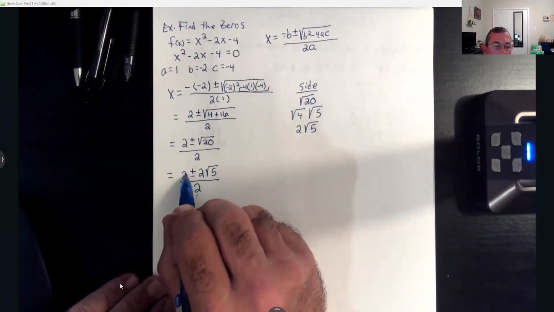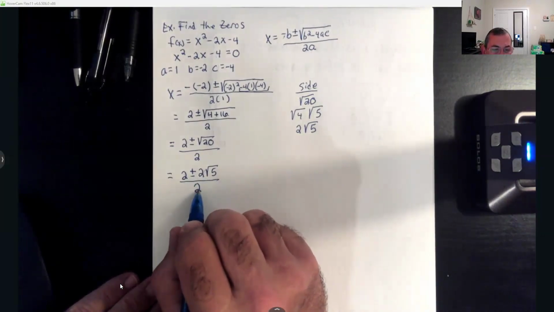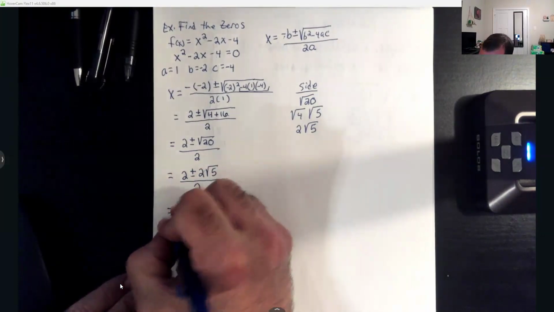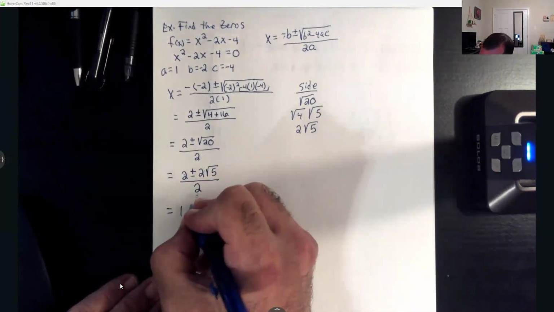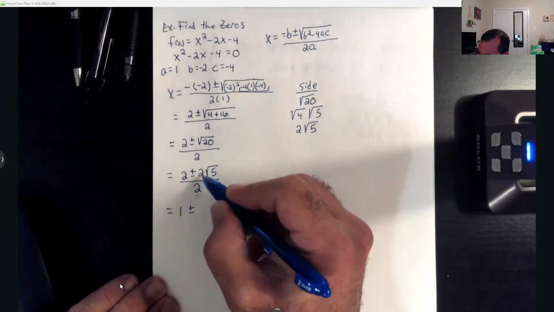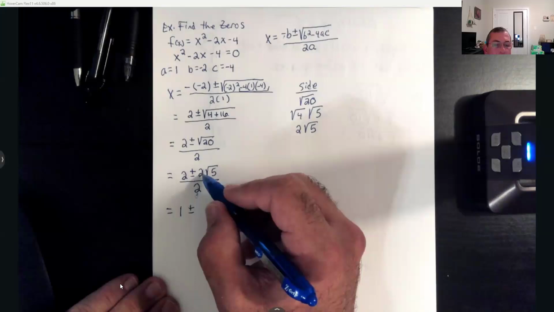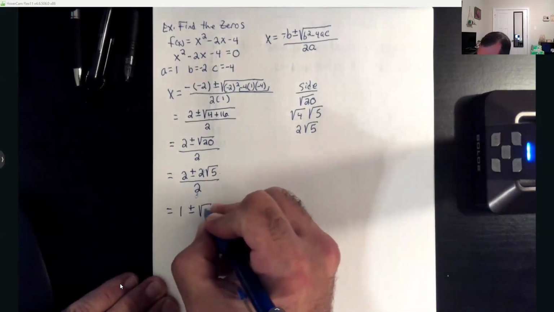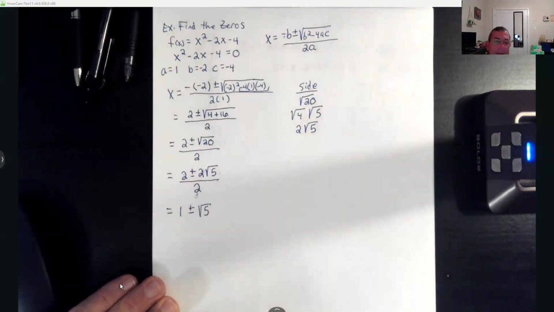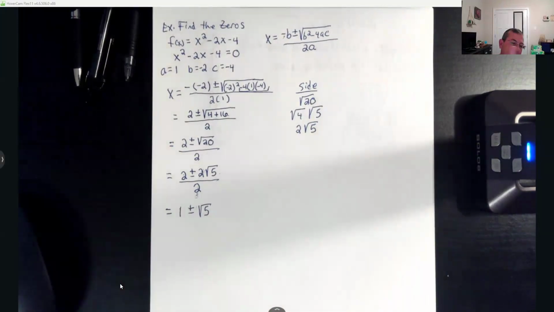Because remember, both of these on top are both affected by that 2 on the bottom. So we got 2 divided by 2, which will give me a 1 plus or minus. And then here the 2 divided by 2 cancels, making a 1. So we got 1 square root of 5, or we could write that as a square root of 5. Now remember, if there's not a number in front of that radical, we know it's a 1.